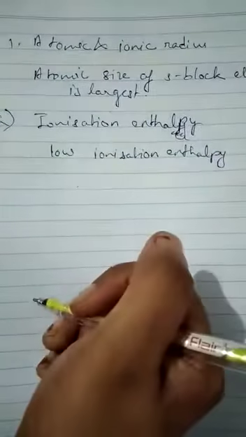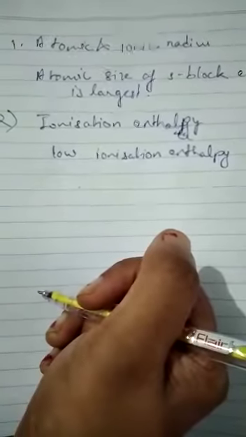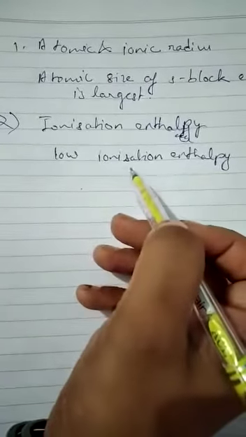Okay, the alkali metals have low ionization enthalpy, and also the ionization enthalpy decreases when we move from top to bottom in a group.